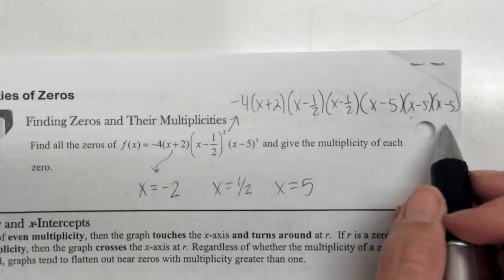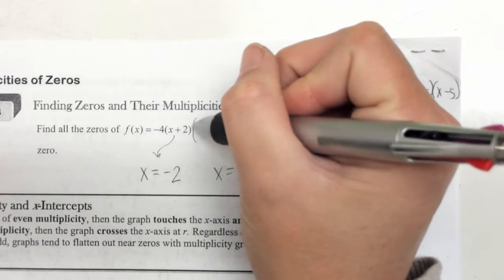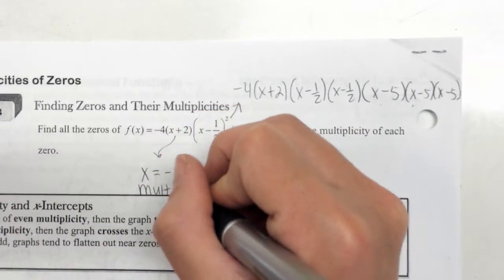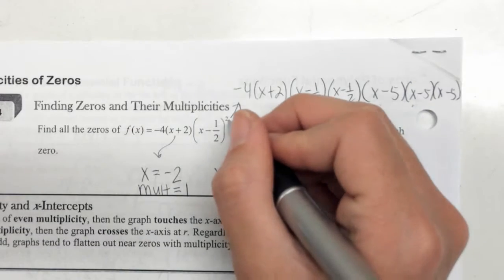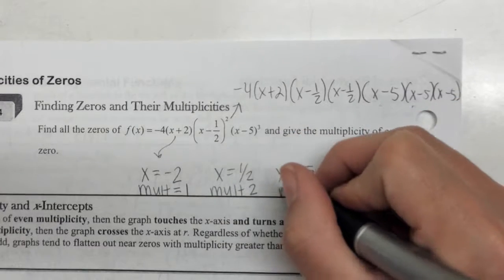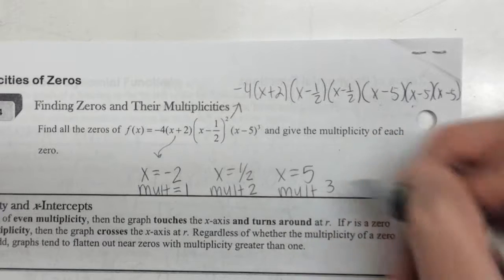That's called your multiplicity. So basically the shortcut, what's the exponent of this one outside? 1. So the multiplicity of this negative 2 is 1. The multiplicity of 1/2 is 2 because of that exponent. So the multiplicity of 5 is 3.